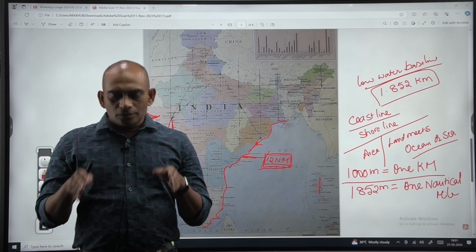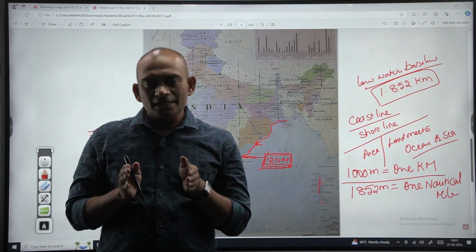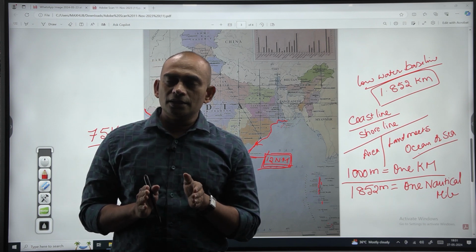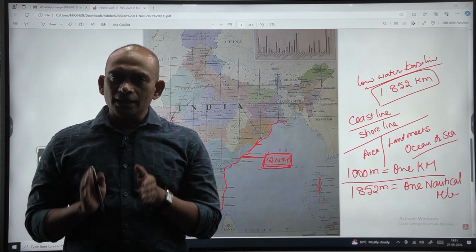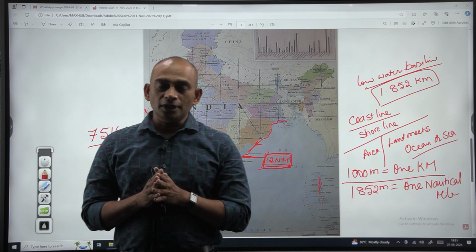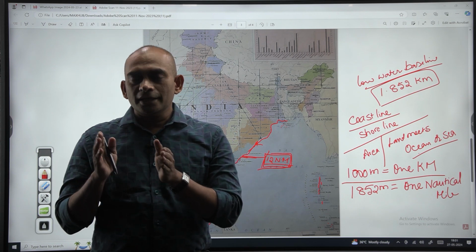Now we will see how we come to a conclusion that these 12 nautical miles are our territorial waters. That means that is our maritime boundary.